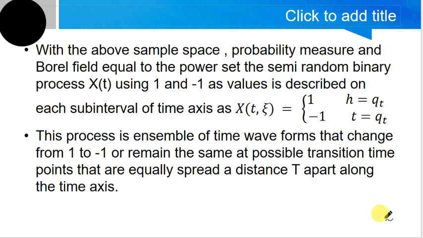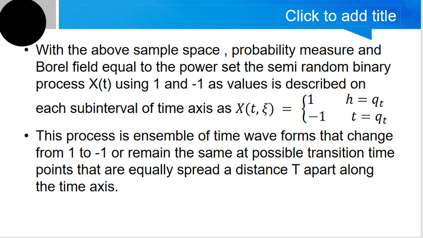This process is an ensemble of time waveforms that change from 1 to minus 1 or remain the same at possible transition time points that are equally spread at a distance T apart along the time axis. Now, having known this function, what function did we learn?